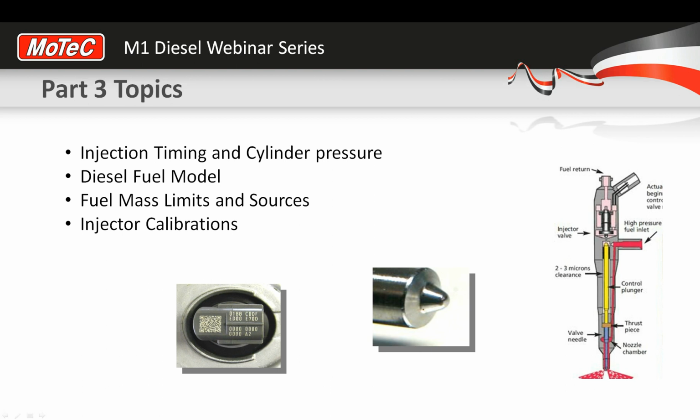And after the decision for the fueling has been made by the ECU, how to identify where the fuel values or those limitations for the fueling are coming from. And then finally, injector calibrations. In previous webinars we've talked about some of the limitations of accurate injector calibration, so we'll go into that a little bit more today as well.